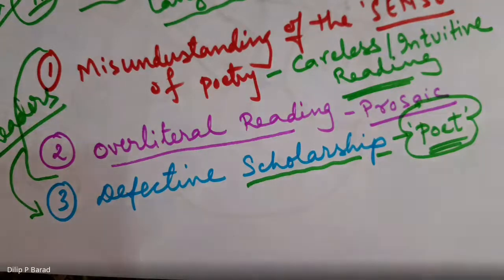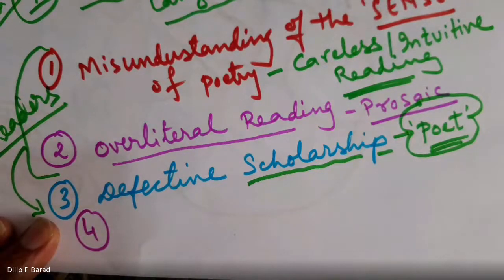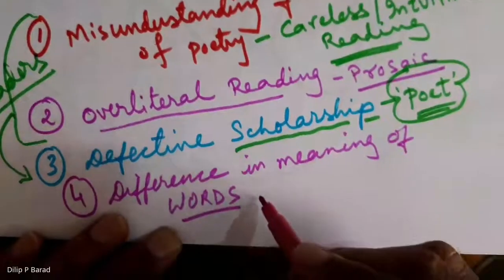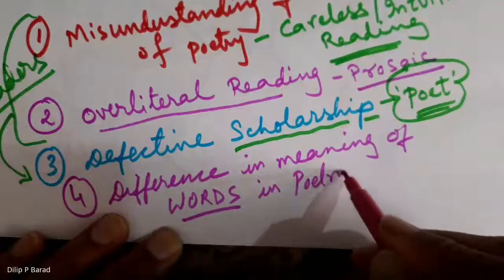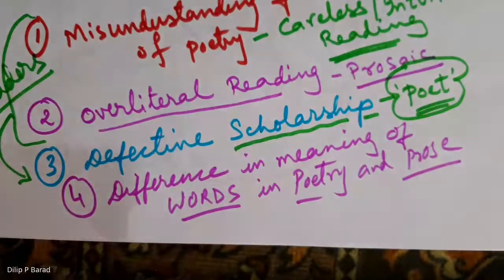Okay. So the fourth point is: difference in meaning of words in poetry and prose. Now this will be very interesting to observe, how this might happen.